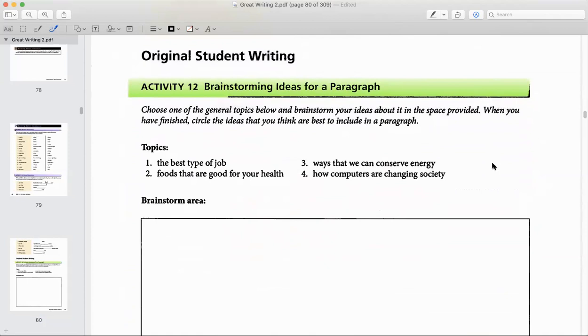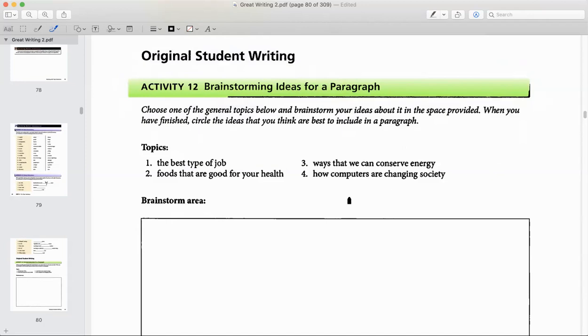If you don't like these topics, you can change them a little bit. So for example, if you don't want to just focus on computers, like how technology maybe is changing society. Or number 3, if you're interested in the topic but not exactly that one, you could do ways we can reduce pollution, for example, something like that.